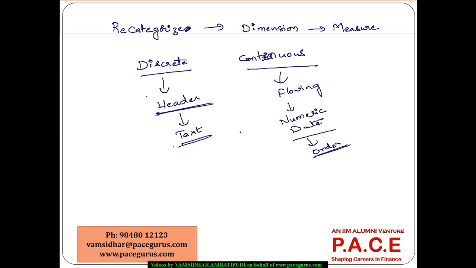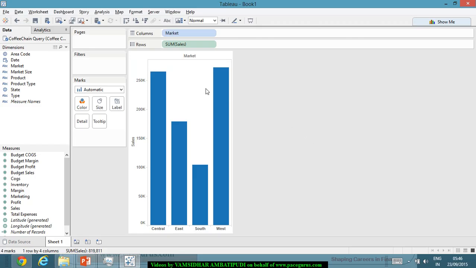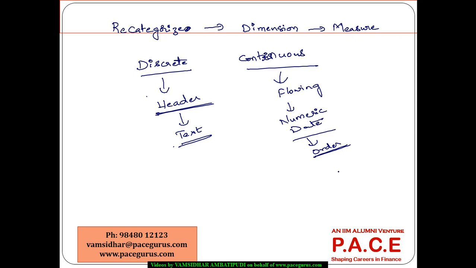So when you are pulling them onto the Tableau row or column, what you could clearly see is they are shown in green, and immediately it considers that as an axis. Here it considers that as a heading, here it considers it as an axis.